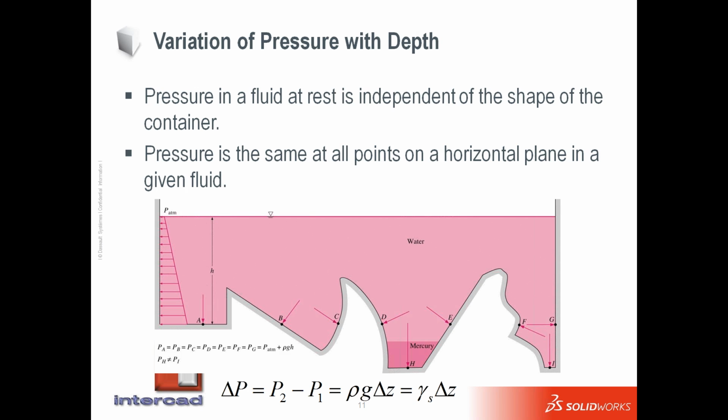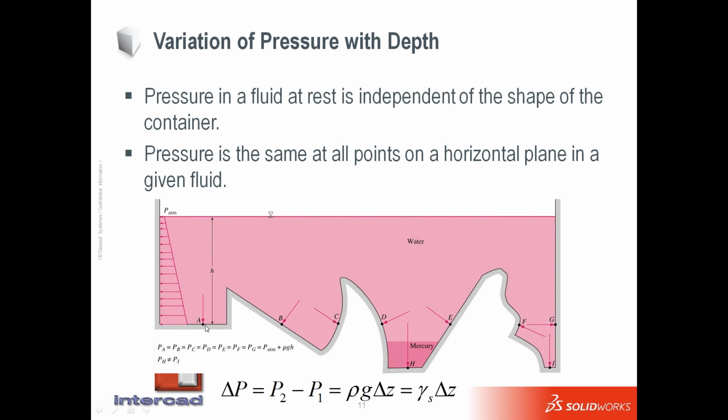The important fact, if we are studying fluid at rest, is the dependency of the pressure on the depth. If you look at this figure, you can see there is a big container with a different shape at different sections. Simply, the static pressure at any point depends on the density of the fluid, gravitational acceleration, and the depth.